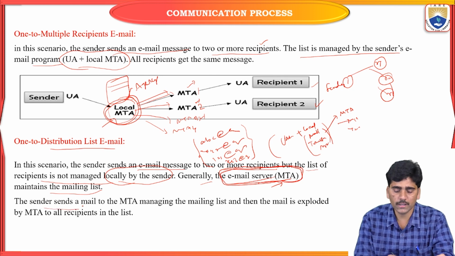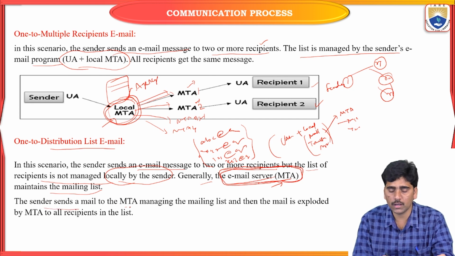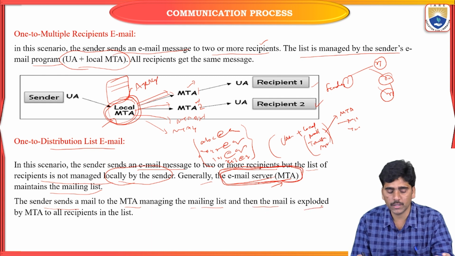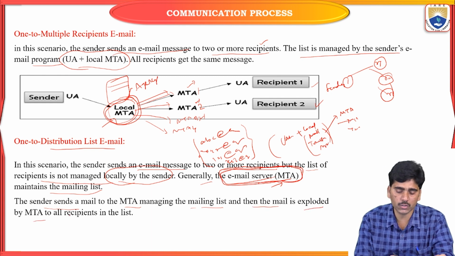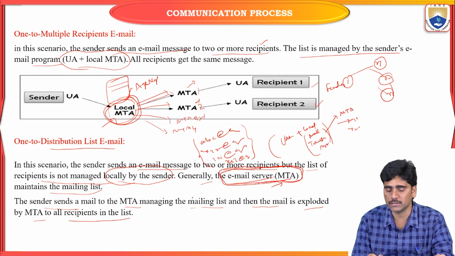Now, the sender sends an email to the MTA managing the mailing list, and then the mail is exploded by the MTA to all recipients in the list. So whenever the mail has to be forwarded to the multiple list, automatically all the mails are to be stored in the MTA.